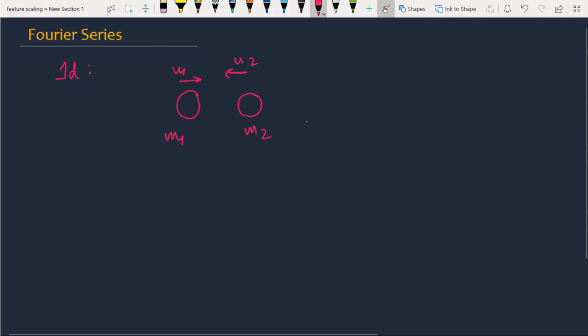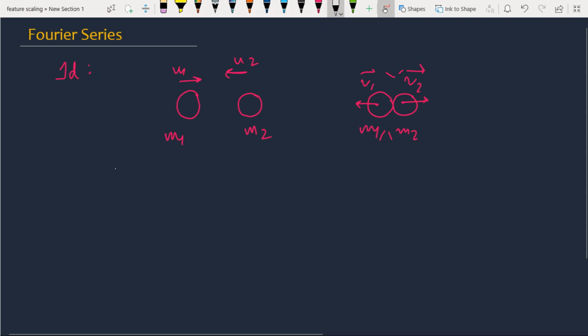After the elastic collision, suppose the two balls reach the velocities of v1 and v2. The masses are obviously going to be the same, and remember that whenever we are dealing with an elastic collision, the linear momentum must be conserved and the kinetic energy must be conserved. So we are going to have two equations.